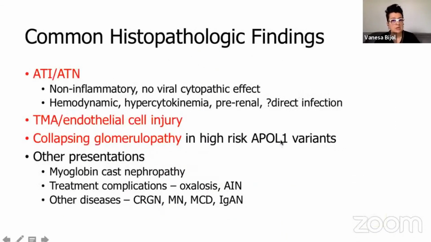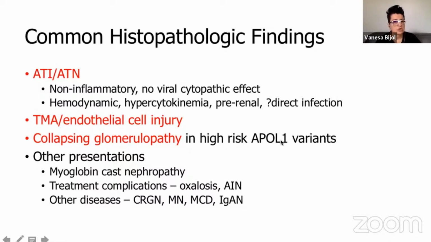So the common histopathologic findings that have been reported in all autopsy series, but also in biopsy series, include acute tubular injury, which is non-inflammatory without really significant cytopathic effect that we would attribute to the viral infection. And as I said, hemodynamic and other indirect factors are more likely to be responsible for the clinical presentation behind it.